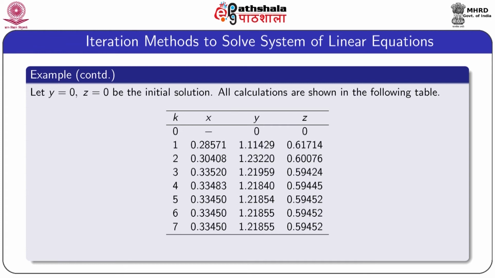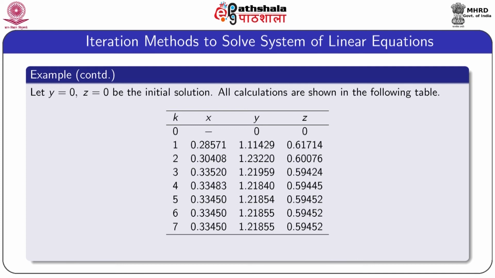And similarly, the value of z is 0.61714, and this value is obtained from the third equation of the iteration scheme by putting the values of x equal to 0.28571 and y equal to 1.11429. So, using this concept, we calculate all iterated values of the given system of equations, and note that the last two rows, that means the 6th iteration and 7th iteration values, are the same.